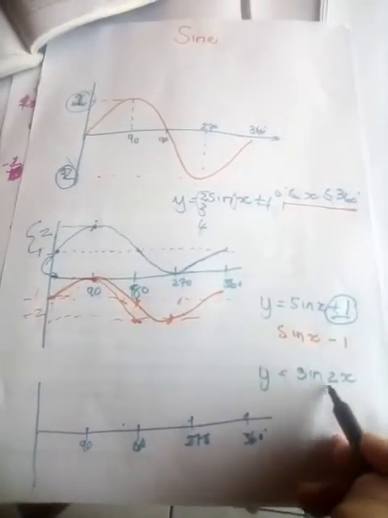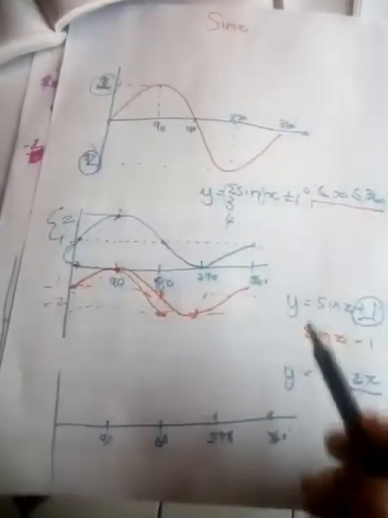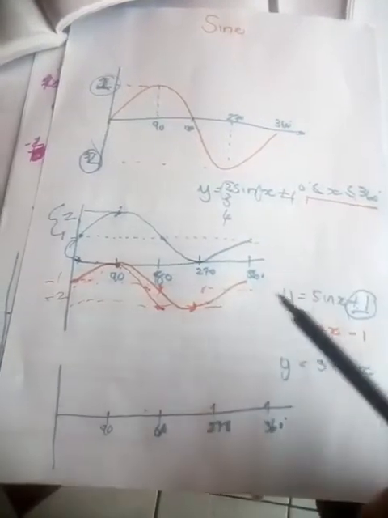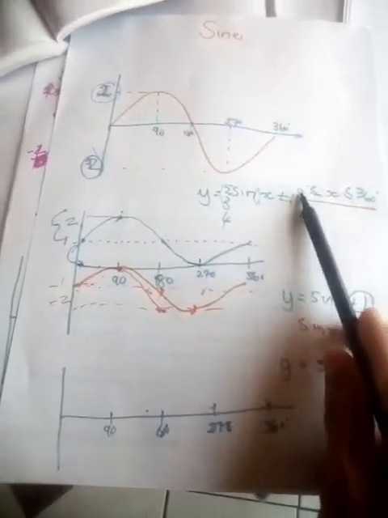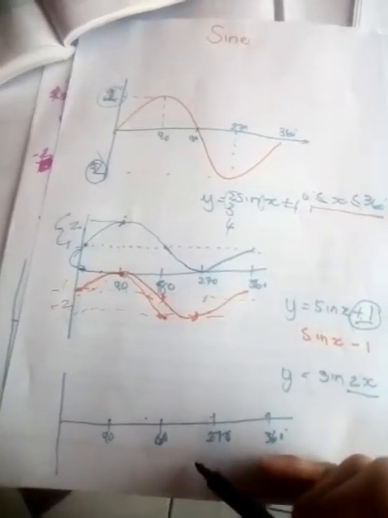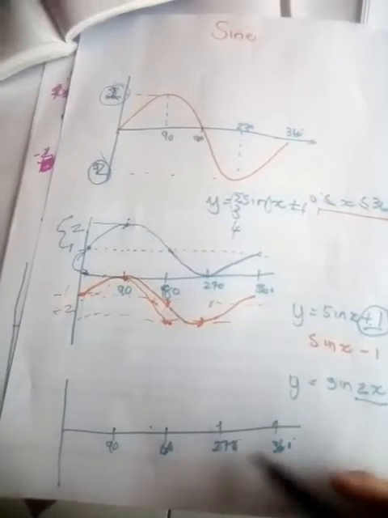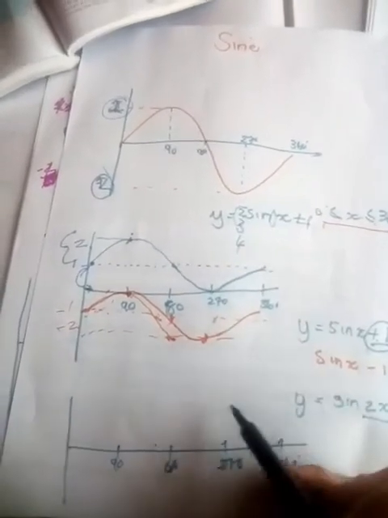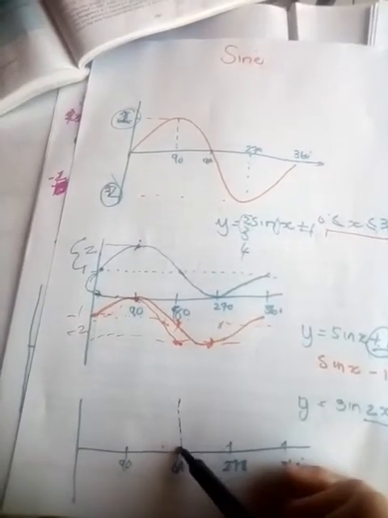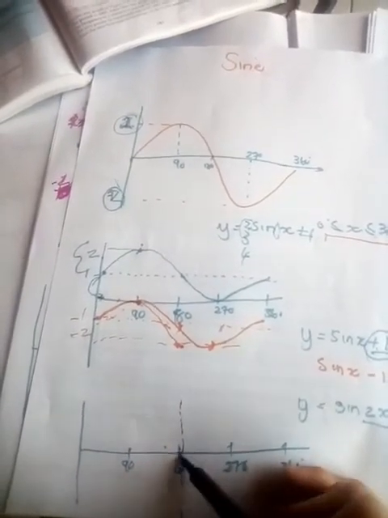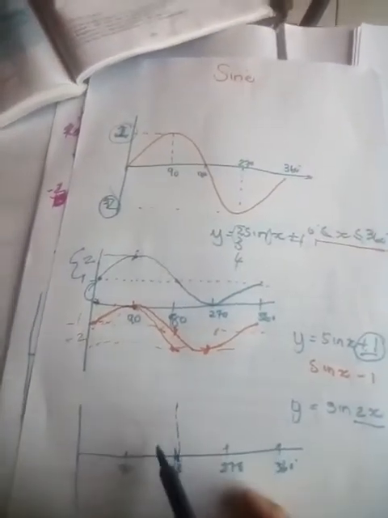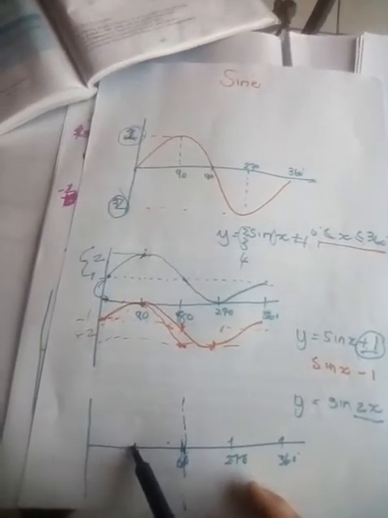If it's sine of 2x, instead of having one of these sine waves in between 0 and 360, I will now have two sine waves, and for each one, 360 divided by 2 would be 180. So it means it's 180. From there to there I will have one wave, from there to there I will have another wave. This would be the half.